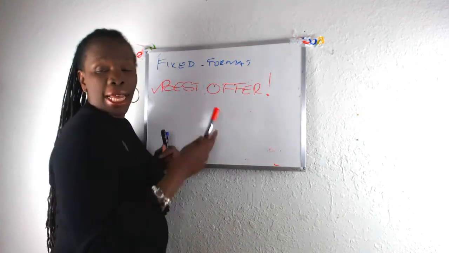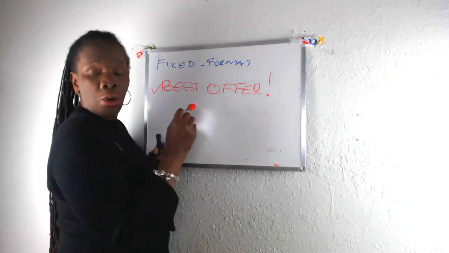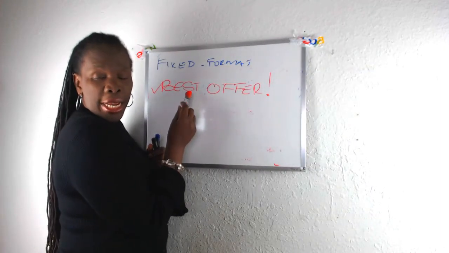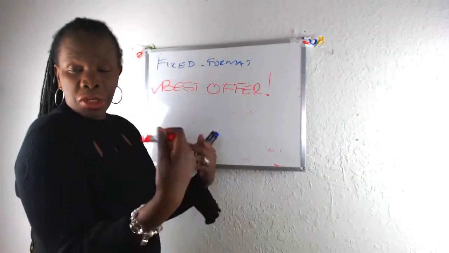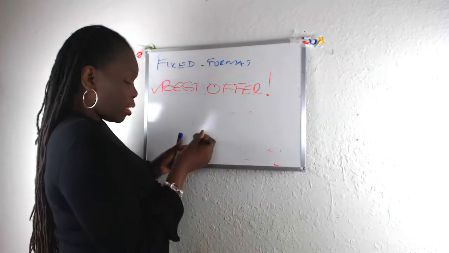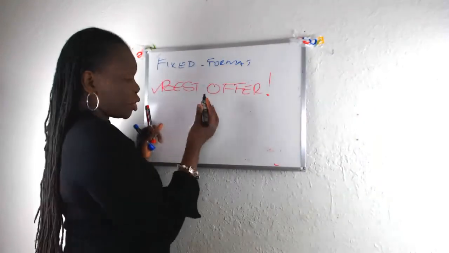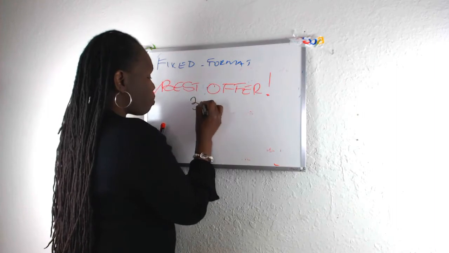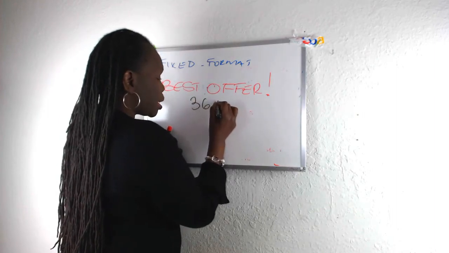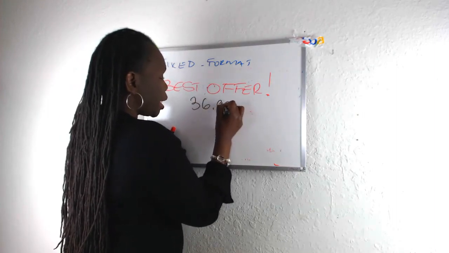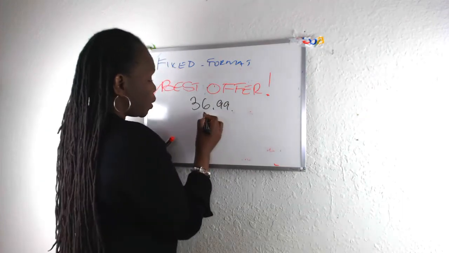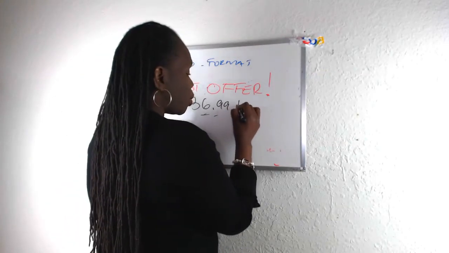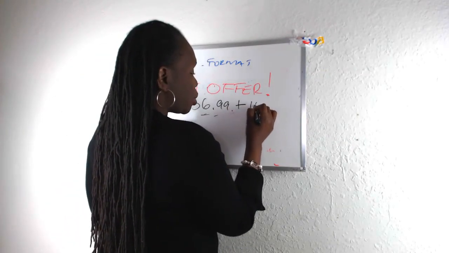What this means is that if I come to your eBay account and see that you are selling something I'm interested in, say you have priced it, which is another video where I'm going to tell you how I price my items, at $36.99, plus maybe $10 shipping.